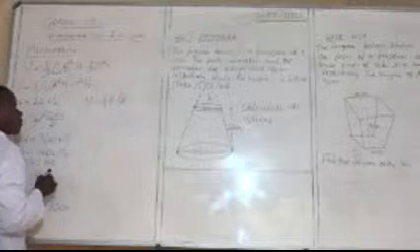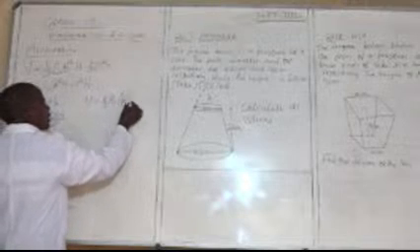We have our formula here, which is V is equal to 1/3 pi r squared h minus r squared h. So we shall substitute: 1/3 times pi.